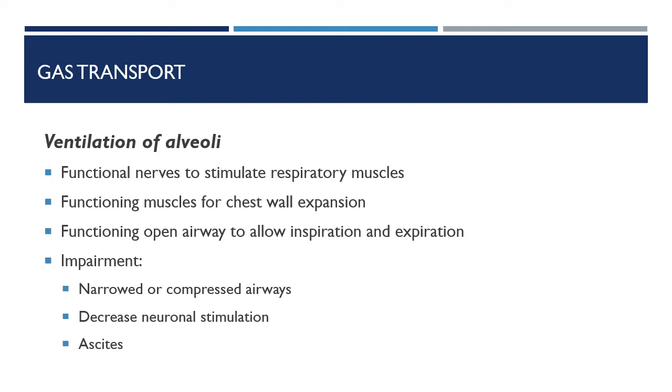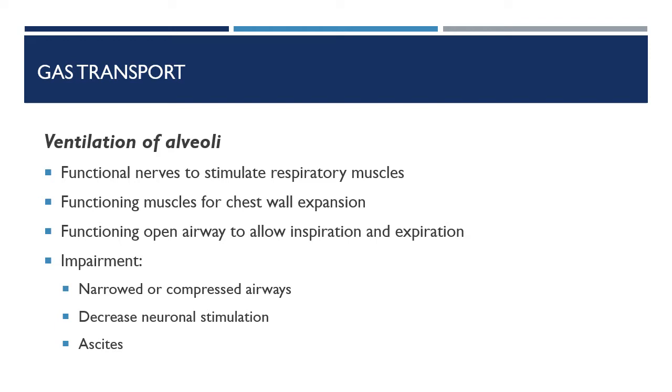Okay. What about decreased neuronal stimulation? So you need nerves that come from your brain to stimulate the intercostal muscles and the diaphragm. What if there's some interruption there? Let's use an example. If somebody happens to get 5 times the dose of morphine.